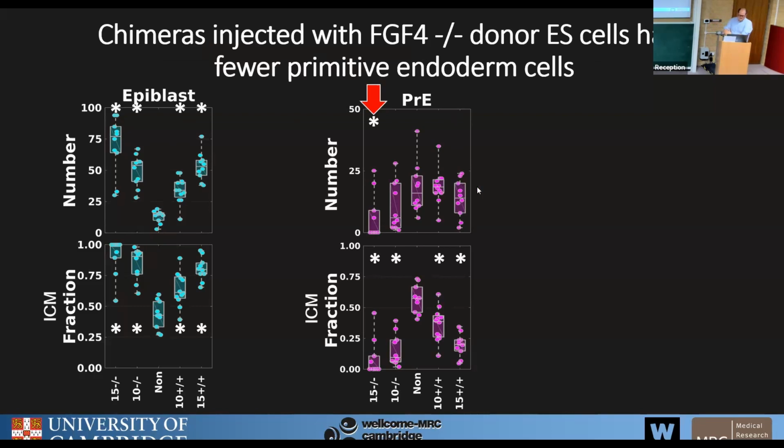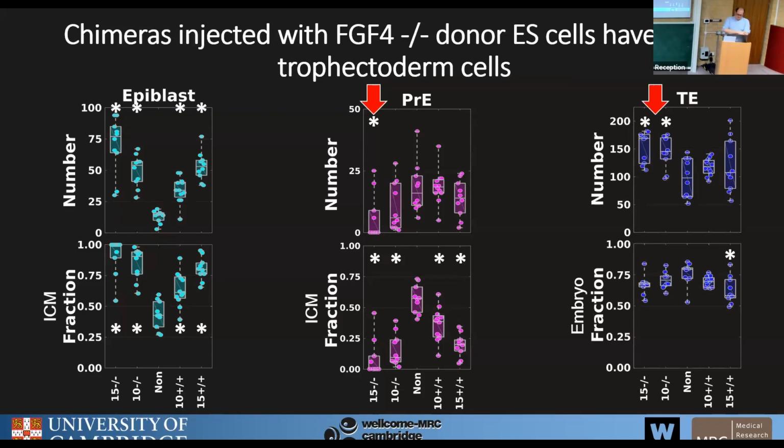A slight inconsistency here was we see a numerical increase in the amount of primitive endoderm like we did with the first experiment. But then, as I said, I think we have kind of broken the system once we get to the 15 cell injected embryos, and we actually start to deplete that tissue again. But importantly, what we see in the null ESC injected embryos is an increase in the amount of trophectoderm specified.